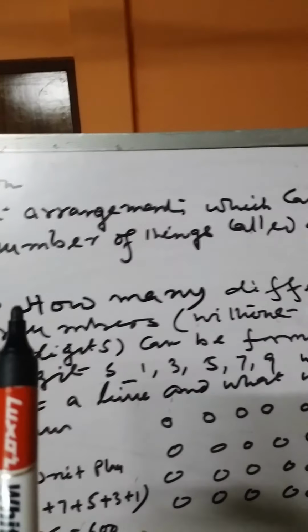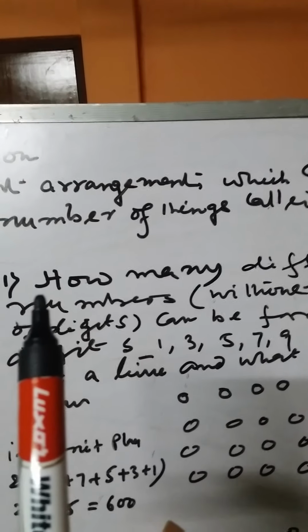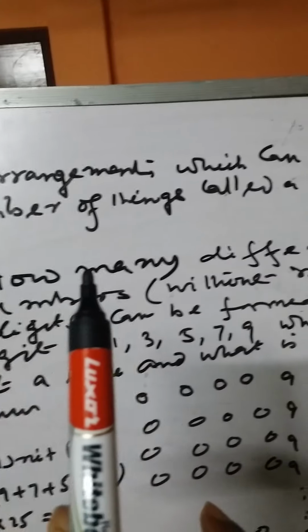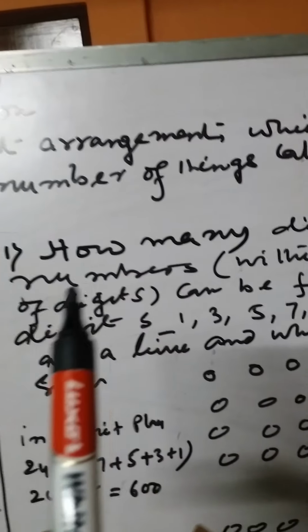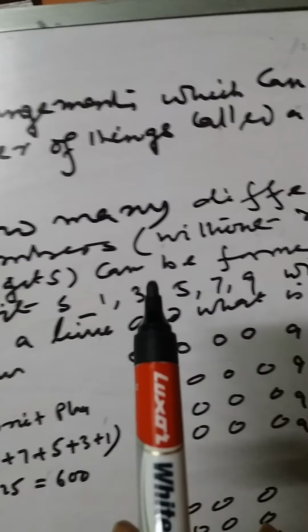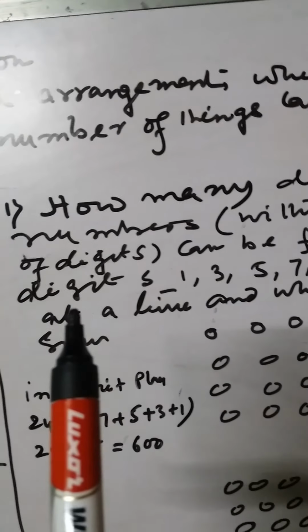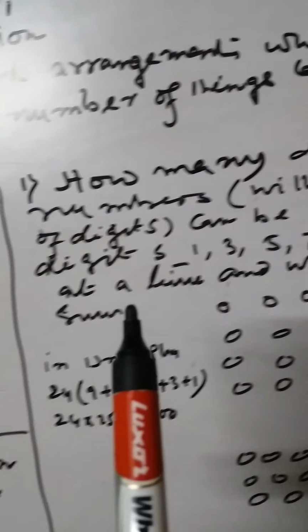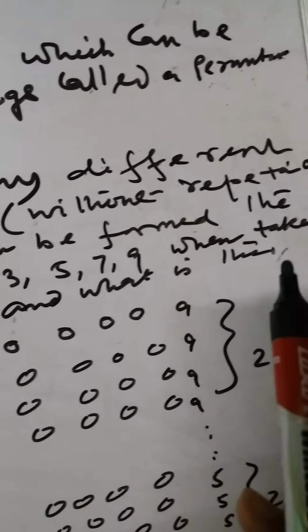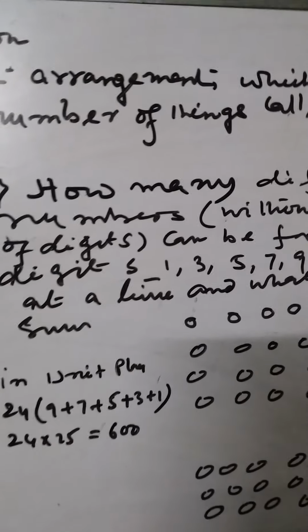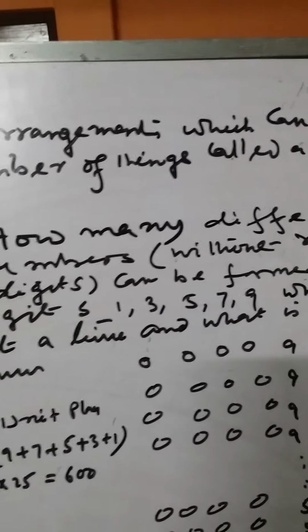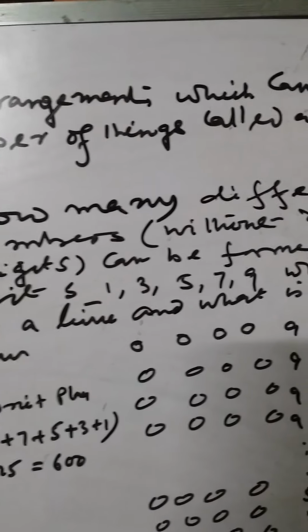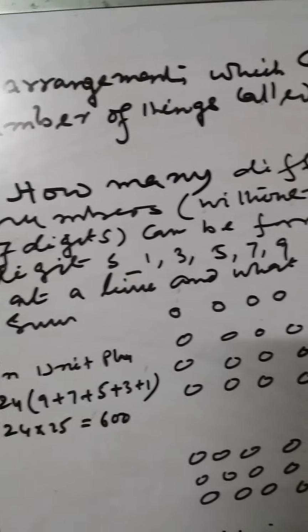Now I will do one math problem of permutation, a very important one. How many different numbers without repetition of digits can be formed from the digits 1, 3, 5, 7, 9 taken all at a time, and what is the sum? It means there are 5 numbers, 1, 3, 5, 7 and 9.